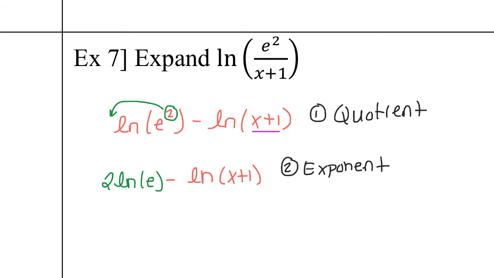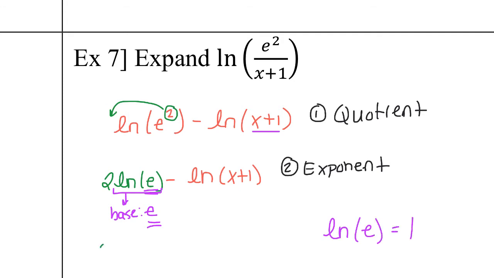Then, kind of in the other case before, let's look at this natural log of e. Well, the base of a natural log is e. So this is kind of the same thing we had with log base 10 of 10. The base and the argument are the same. So that means the natural log of e is actually just equal to a 1.